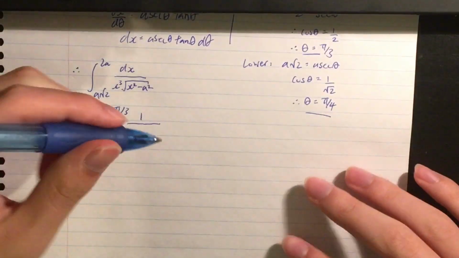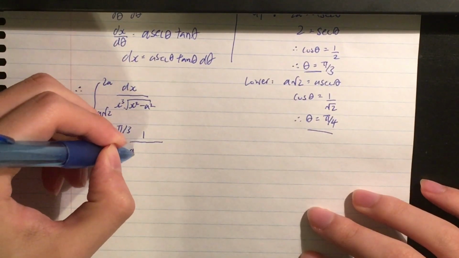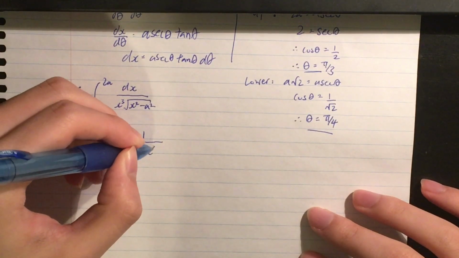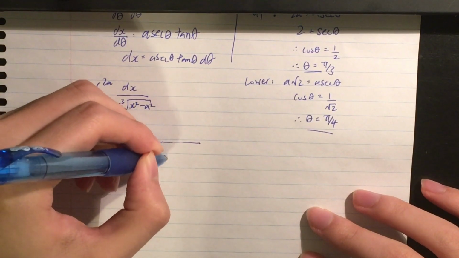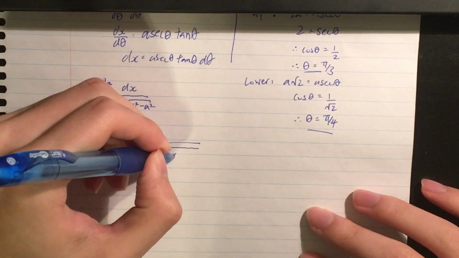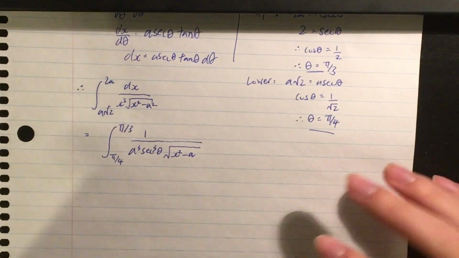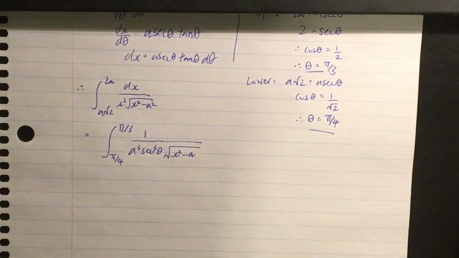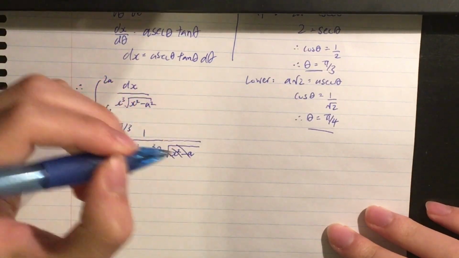So we would have a cubed secant cubed theta, times the square root of x squared. Oh wait, shoot. Okay, that's fine. We'll just get that and get rid of that.